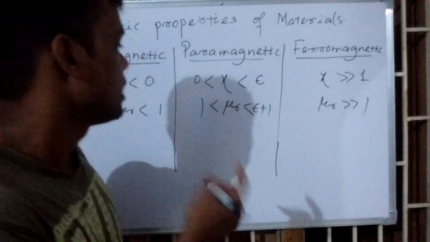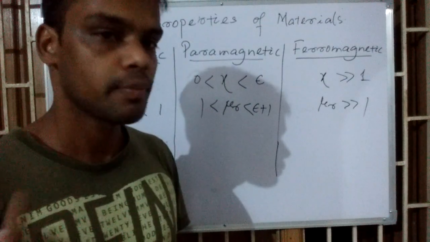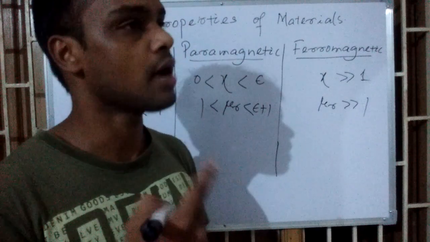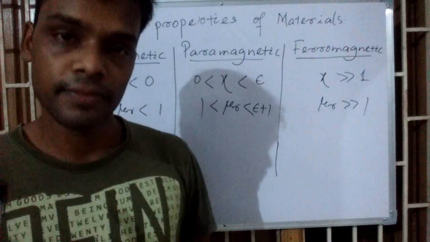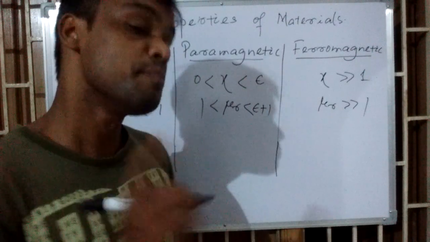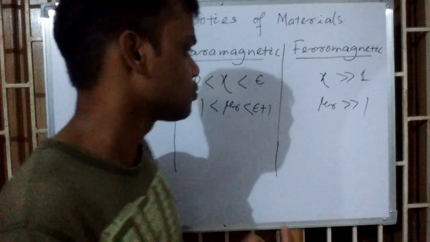In magnetism also there are mu naught, mu r. Mu naught is permeability of free space, mu r is relative permeability of any medium, and another thing is mu, permeability of a medium. So what is the relationship?